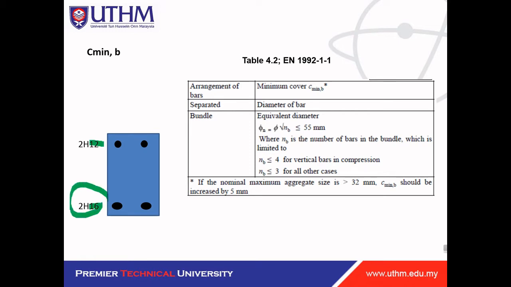You choose the larger diameter. Separated bars are according to the diameter of the bar, and for bundled bars it is the equivalent diameter. If the nominal maximum aggregate size is greater than 32, C min bond should be increased by 5 mm.